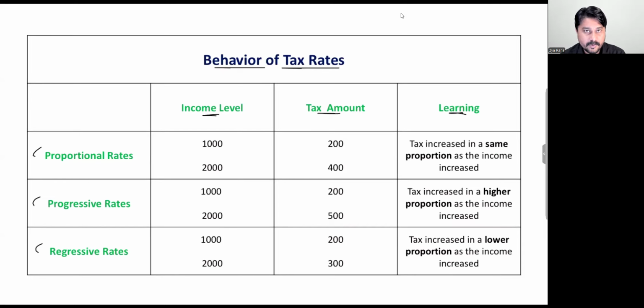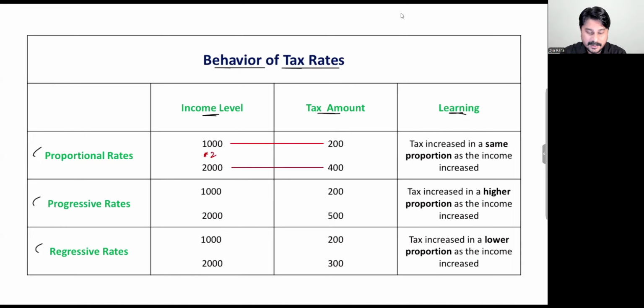Let's learn with the help of these examples. Let's say you are earning £1,000, your income is 1,000, and on which the tax amount is, let's say, £200. Now your income has increased by the proportion of 2, and your increased income is 2,000, on which tax is applicable, and tax amount, for example, is calculated as 400.